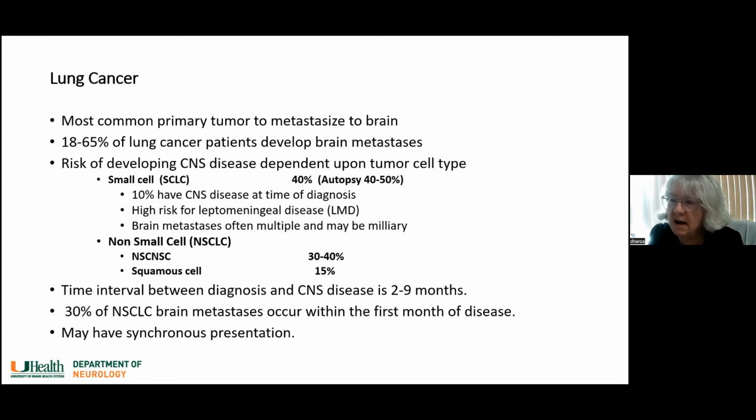This disease has a high risk for leptomeningeal spread, and oftentimes they're multiple and miliary, like that melanoma MRI that I showed you. And because of this, small cell doesn't tend to be a neurosurgical CNS disease. Sometimes for biopsy, for diagnosis, but for management, probably not a major role.